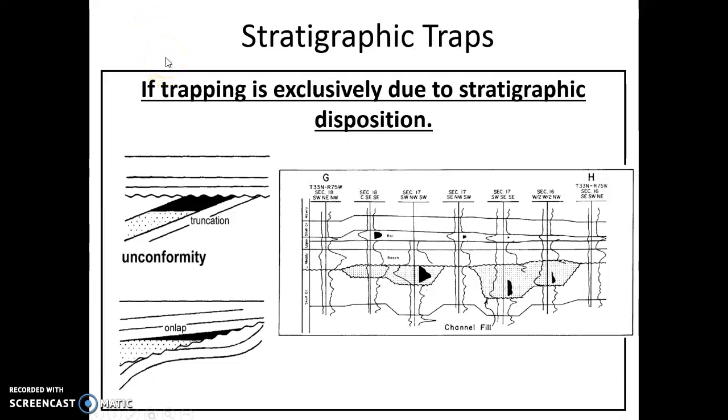So the risk of finding hydrocarbons through the stratigraphic trap is actually greater than the structural traps, because the oil column that is preserved in the unconformity, for example here, is more parallel to the bedding plane.